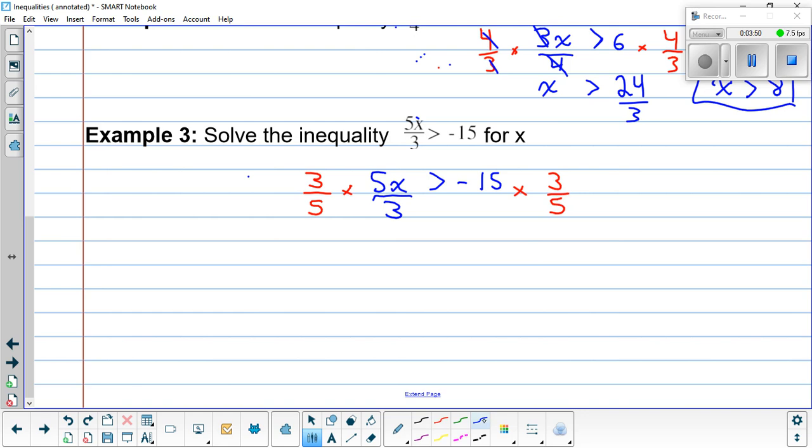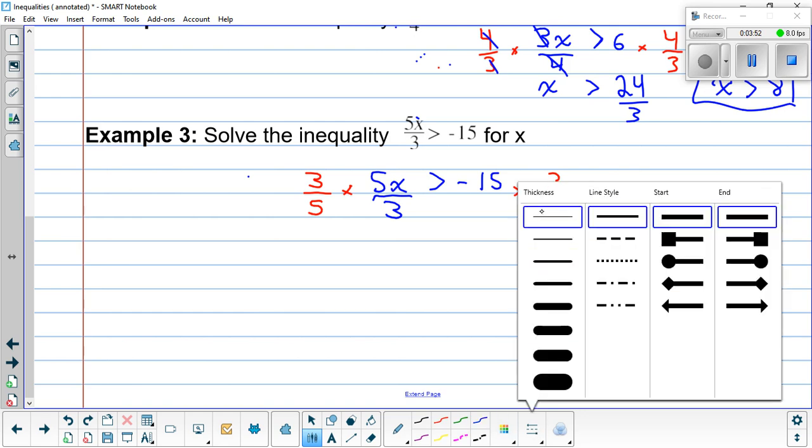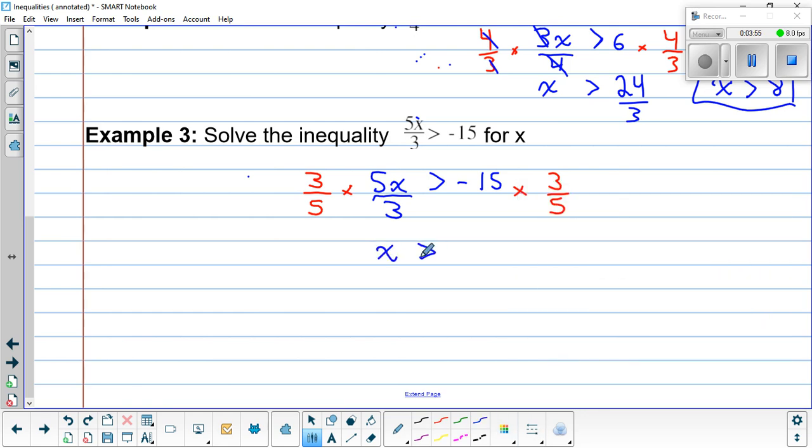So what do we end up getting? On the left side, we're left with just x. On the right side, well, negative 15 times 3 is negative 45. And then we divide by 5. And we know that 45 divided by 5 is simply 9. So x is greater than negative 9. So don't forget your sign.